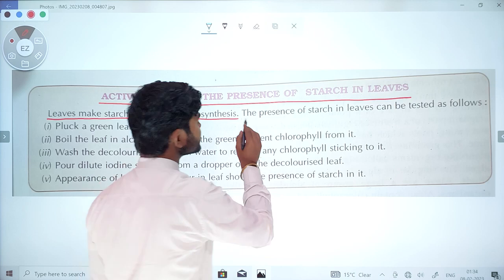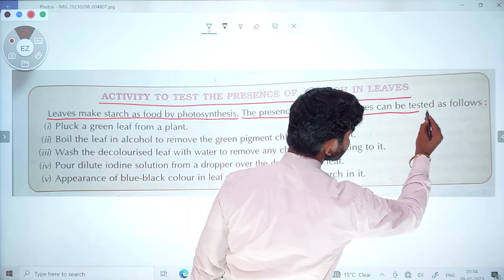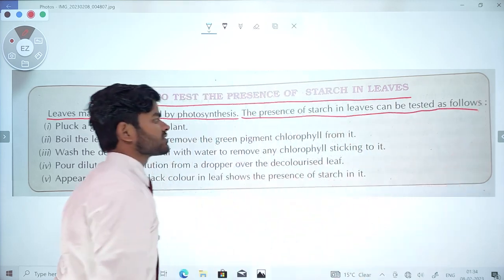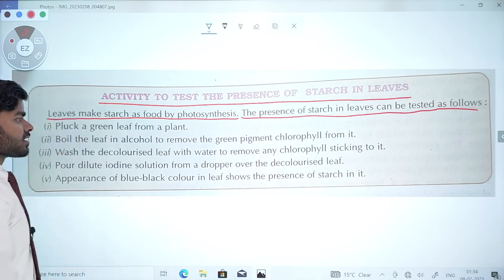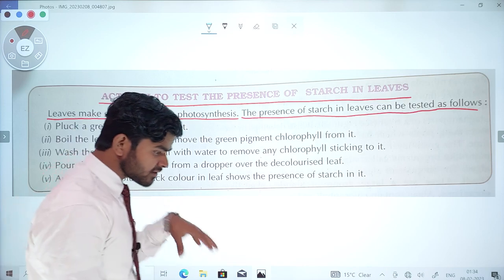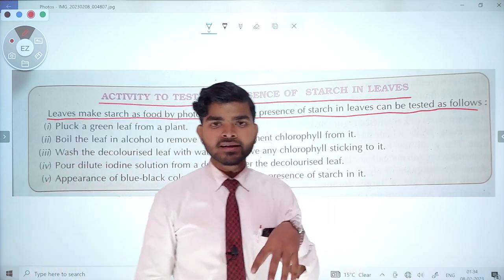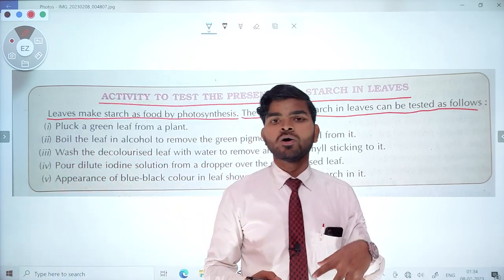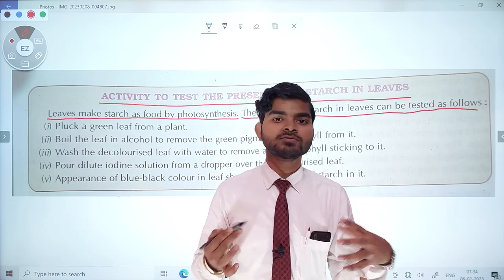Next, the presence of starch in leaves can be tested as follows. That means we have some steps or methods through which we can say whether photosynthesis takes place, or whether starch is present in the leaves or not.